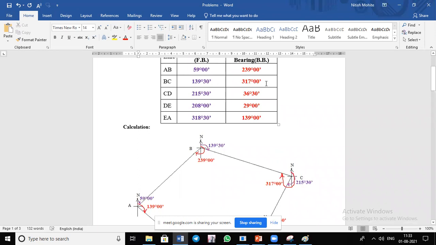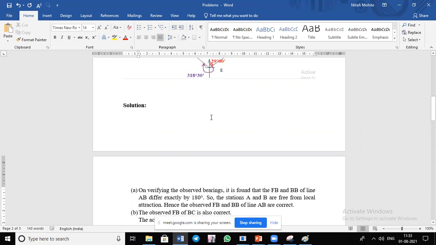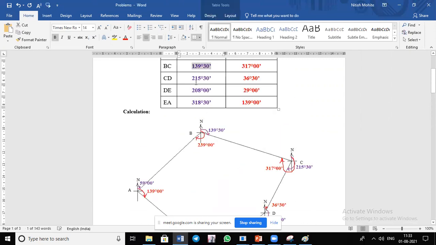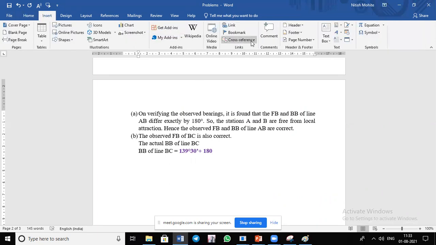But we are supposed to calculate the back bearing. In order to calculate the actual back bearing of line BC, the back bearing of line BC will be equal to 139 degrees 30 minutes plus 180 degrees, because we have seen that the difference between forebearing and back bearing is 180 degrees.